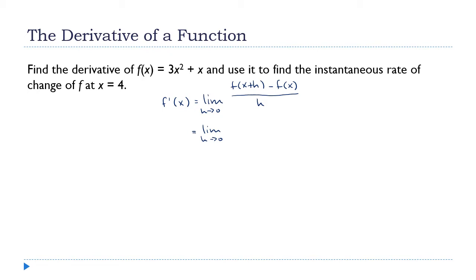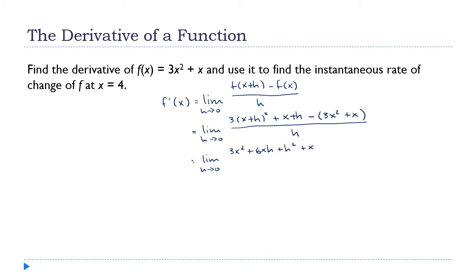So f of x plus h is 3 times x plus h squared plus x plus h, minus 3x squared plus x, all over h. This is the limit as h approaches 0 of 3x squared plus 6xh plus h squared plus x plus h minus 3x squared minus x, all over h.